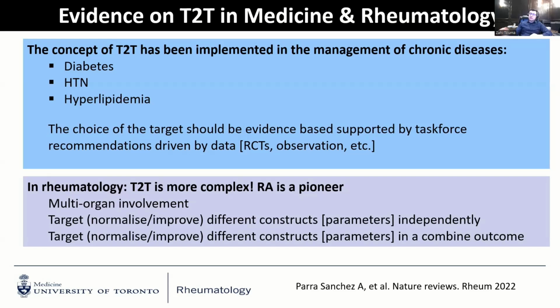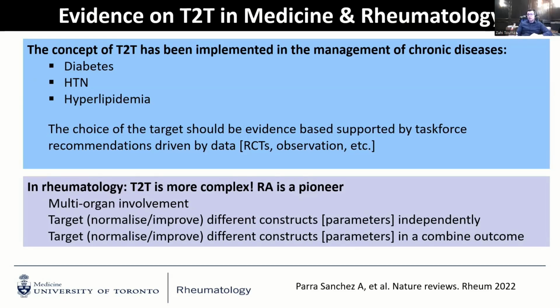And remember, when you say a target, probably if we're talking again to simplify things about disease activity or pain, you're trying to normalize the pain or improve the pain, right? And this could be, again, targeting different constructs or parameters independently.